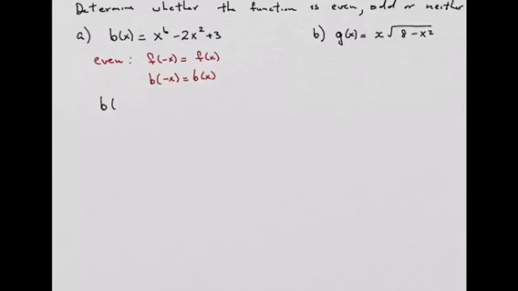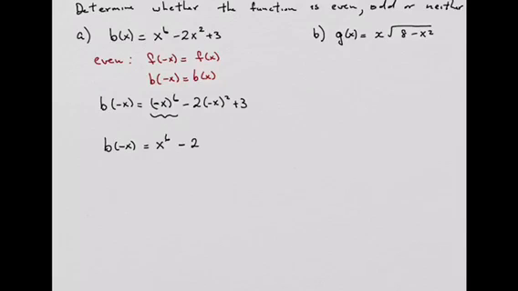Well, b of minus x will be equal to minus x to the 6th power minus 2 times minus x to the 2nd power plus 3. Well, minus x to the 6th power is the same as x to the 6th power, because if you take anything negative and raise it to the 6th power, it will give you the same as if it's positive raised to the 6th power.